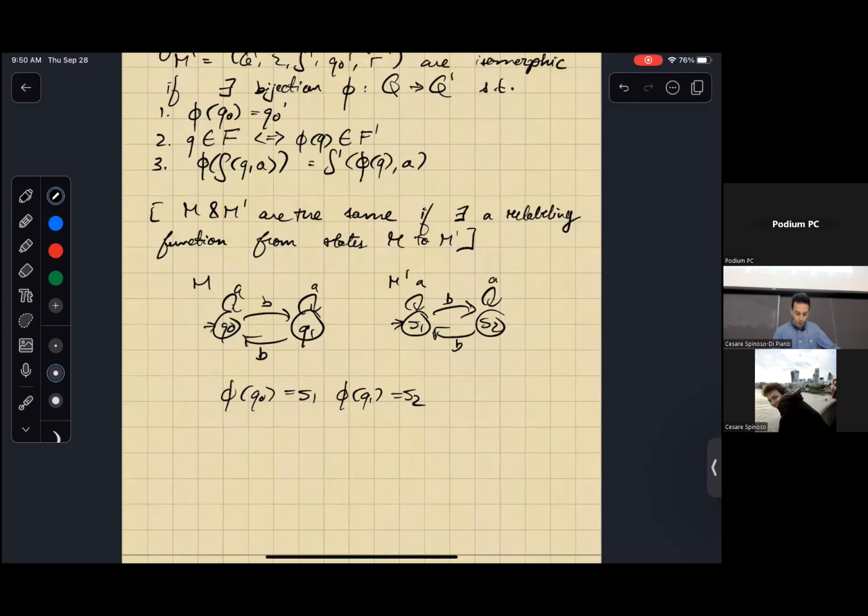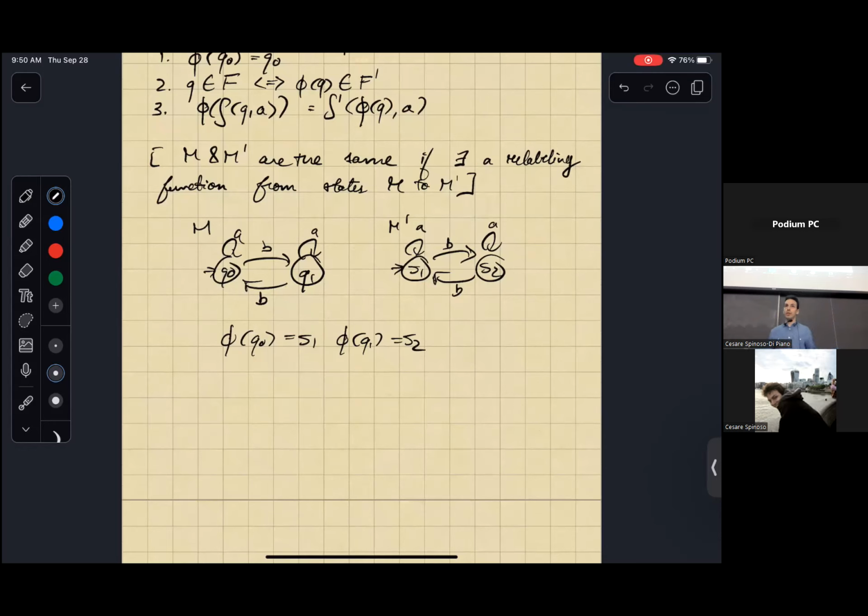Okay. So now I can state the proposition which actually says that minimal DFAs are unique. Proposition 2.